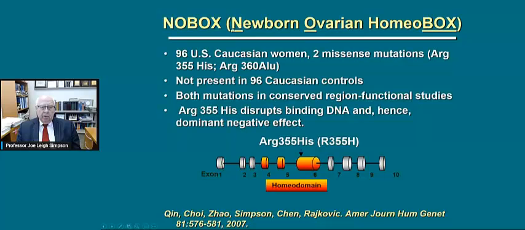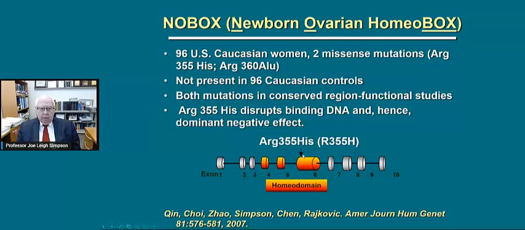Here's a study that we did. NOBOX is the name, newborn ovarian homeobox, NOBOX. It's fun to name these. This is a study we did at the time, 2007, in which U.S. Caucasian women were studied, and 2 out of 96 showed a missense mutation.